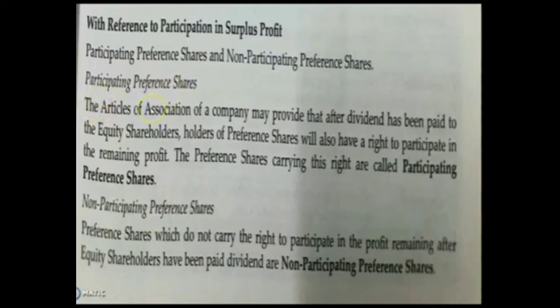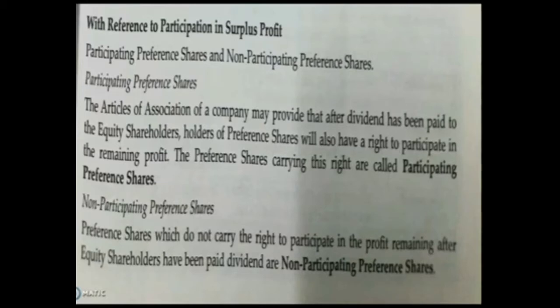Participating preference shares mean what? The articles of association of a company may provide that after dividends have been paid to the equity shareholders, holders of preference shares will also have a right to participate in the remaining profit. Once the profit of the company has been calculated, they will distribute it to the preference shareholders first. Then, with the prescribed ratio or percentage, they will distribute it among the equity shareholders according to the shares held by each.